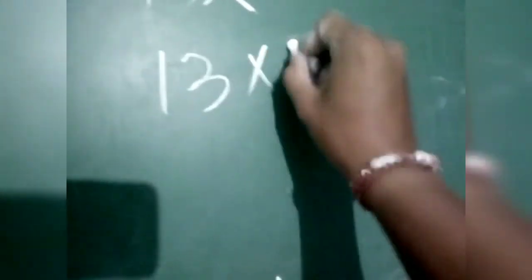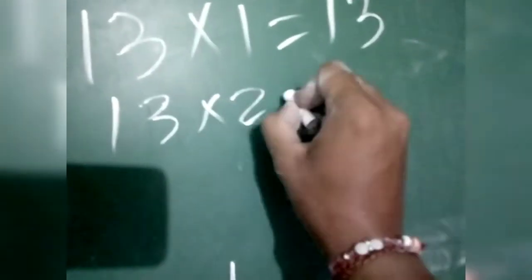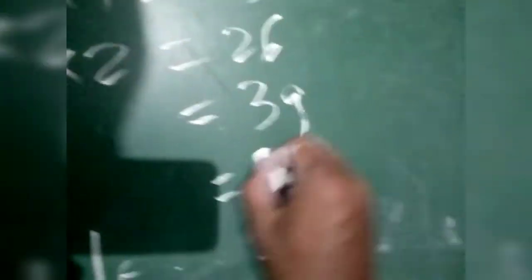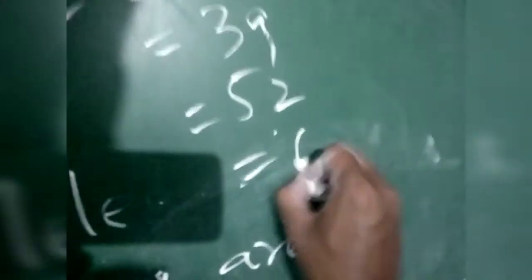13 into 1 is 13. 13 into 2 is 26. 13 into 3 is 39. Again 13, that's 52. Next, 5 times is 65.